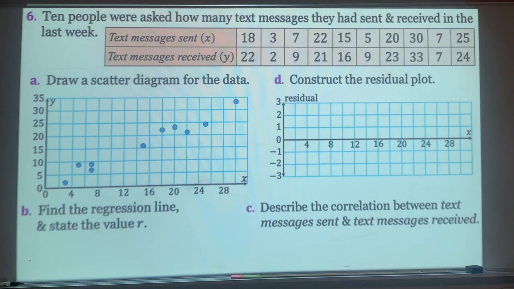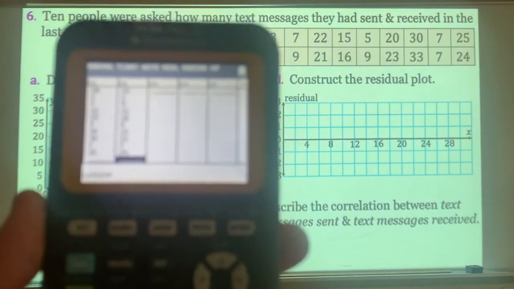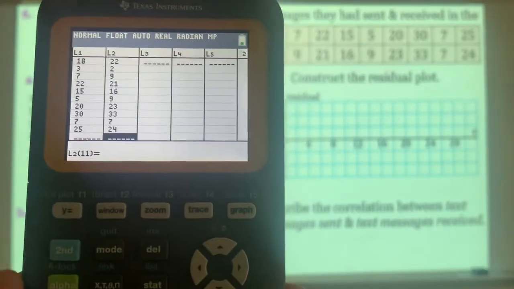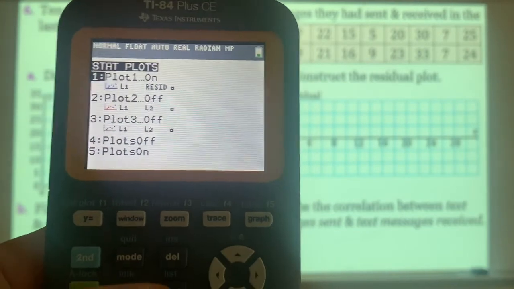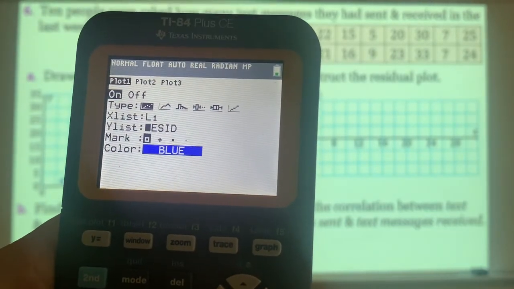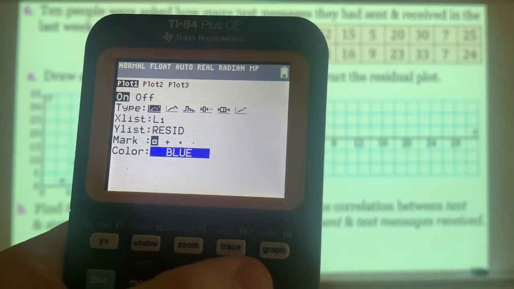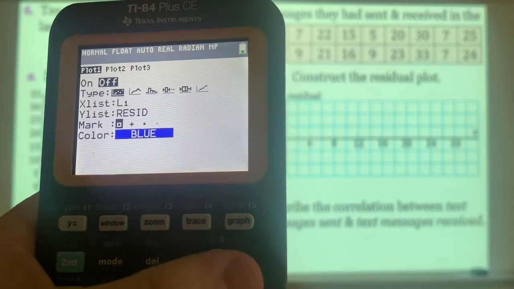Now, how do we find a scatter diagram in our calculator? Once again, right now your calculator is set up for residual plots. So you just go to second, stat plot. Here, we're going to get that resid off, okay? Or a way to make this easier is you could just turn this plot off. Go up and go to plot 2.